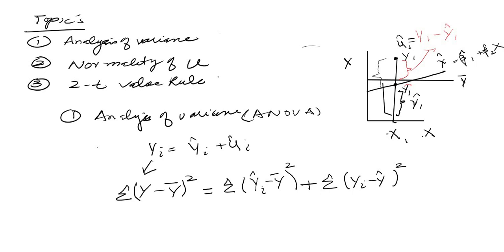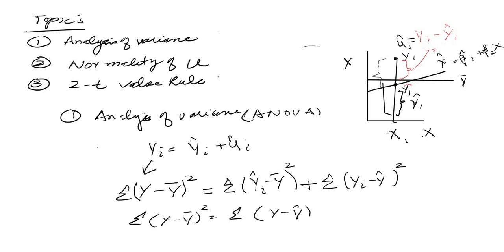So if you make it simple, y minus y bar. Summation y minus y bar square is equal to, just to memorize it, summation y minus y hat.